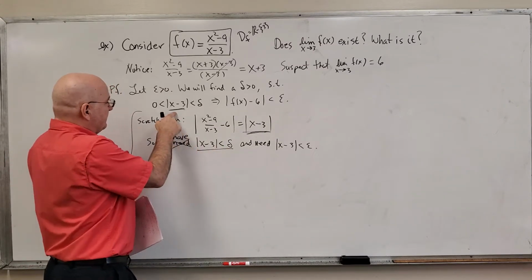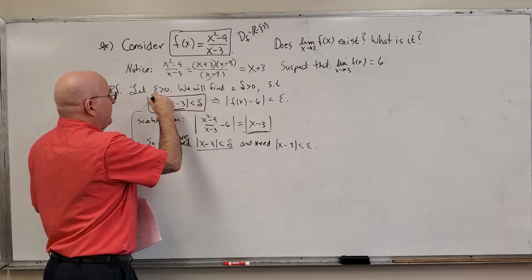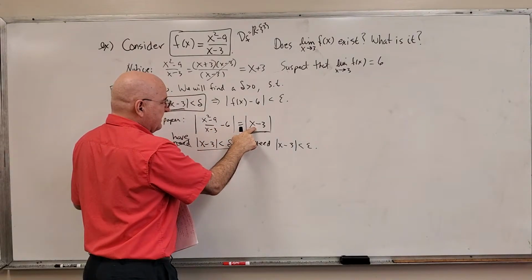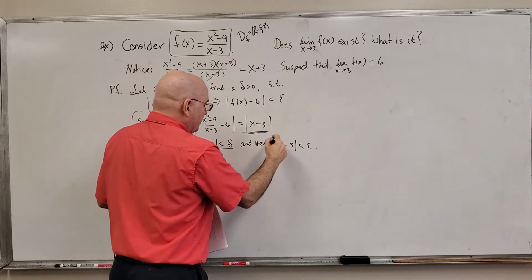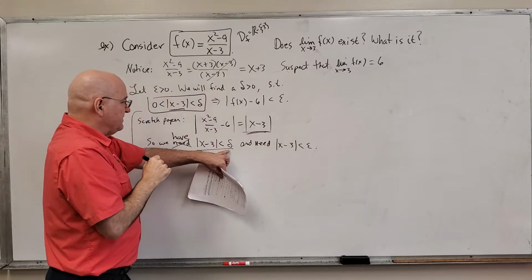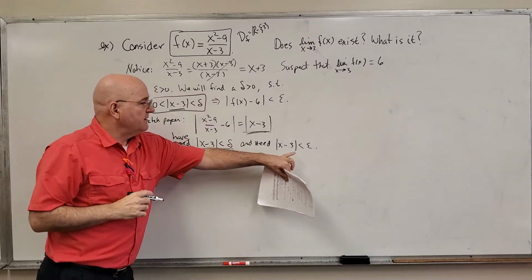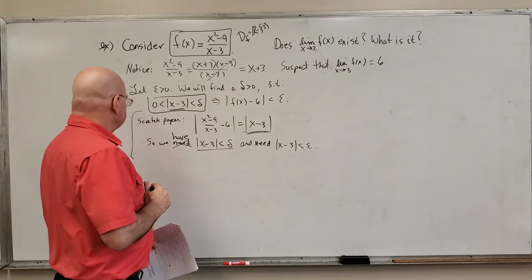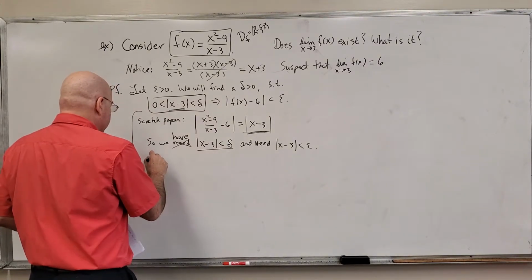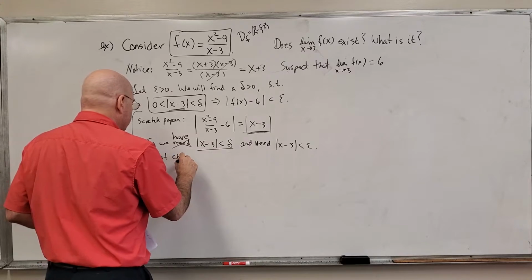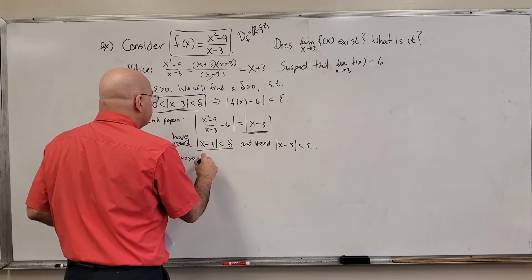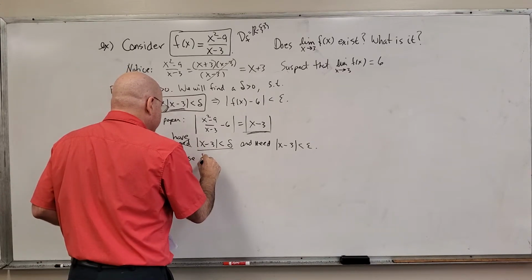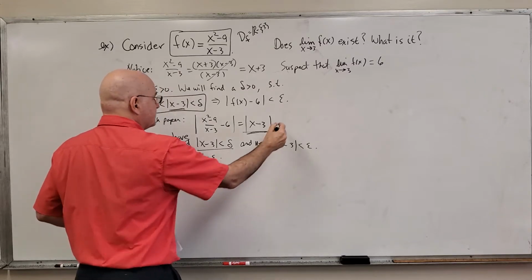We have this given to us right here, and what we need is for this to be less than epsilon. So all we need to do is make our delta equal to epsilon, right? We're looking for the delta. Delta equal to epsilon, and it's going to work.